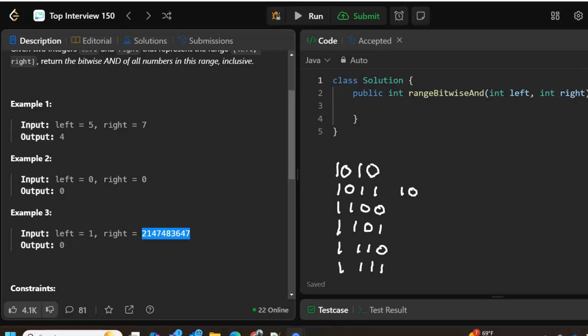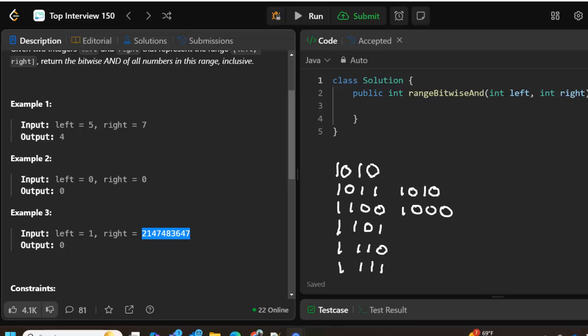Okay. Now if we AND that with the 12, we're going to get 1, 0, 0, 0. And at this point, we can see that the only bit that's common to all these numbers is the high order bit here.